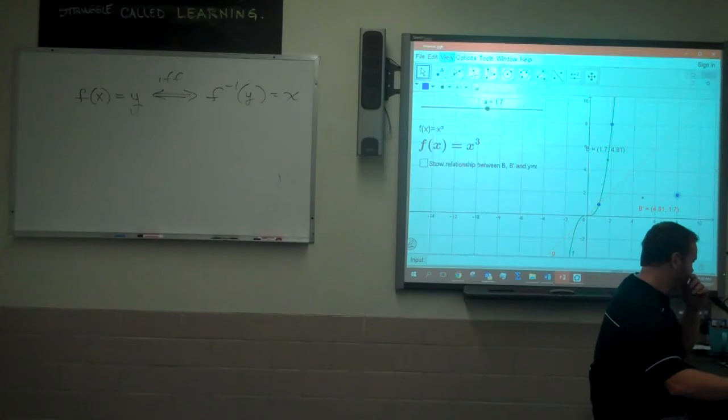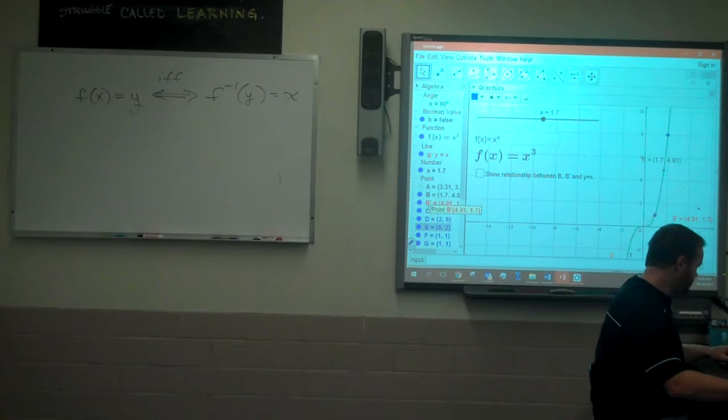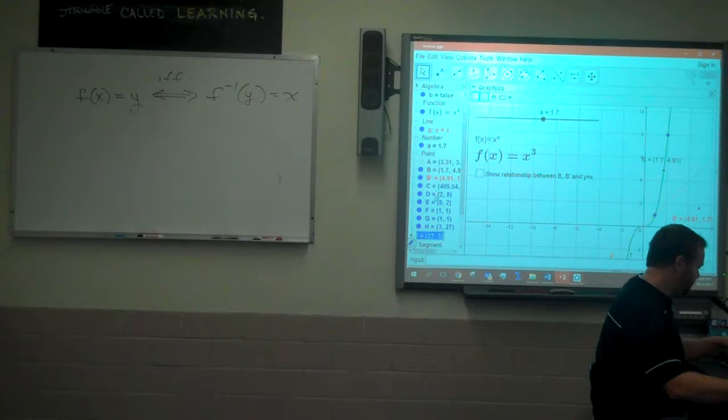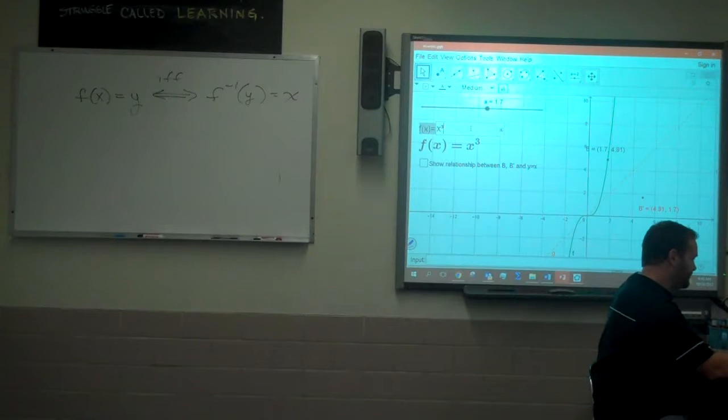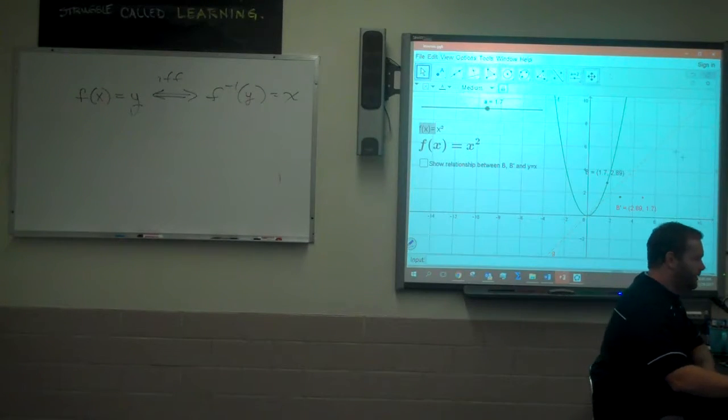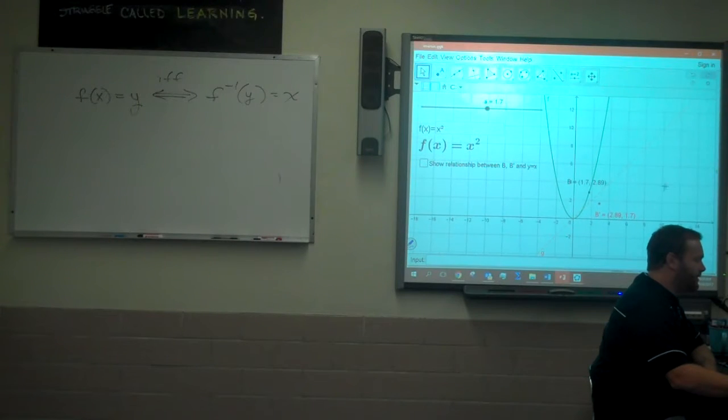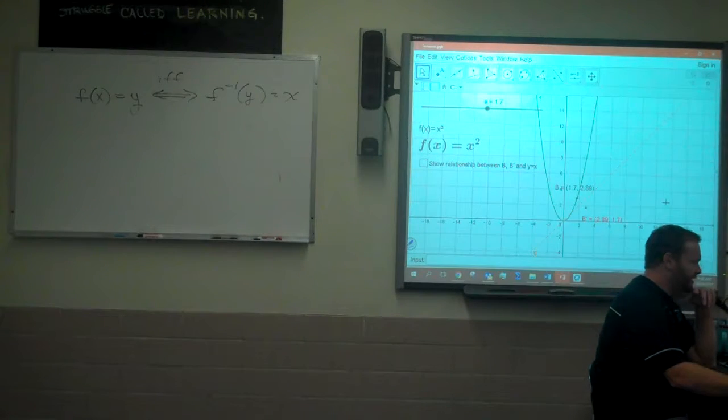So let me clear some points out here that I don't want anymore. For instance, if I take x squared, and really what this picture is doing is showing you the reflection of x squared over the line y equals x.